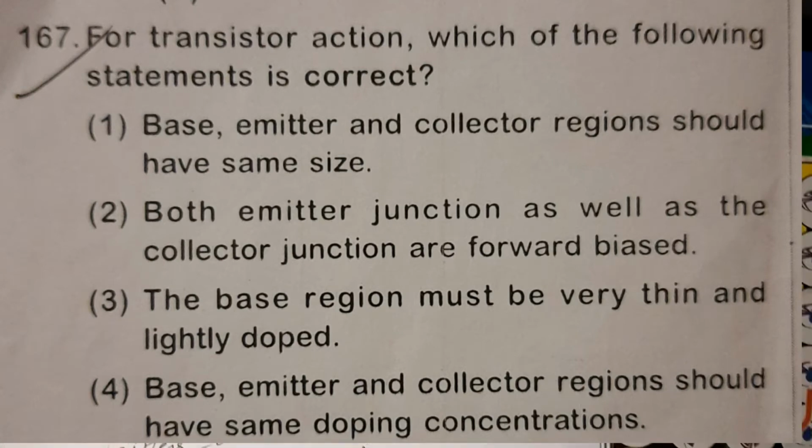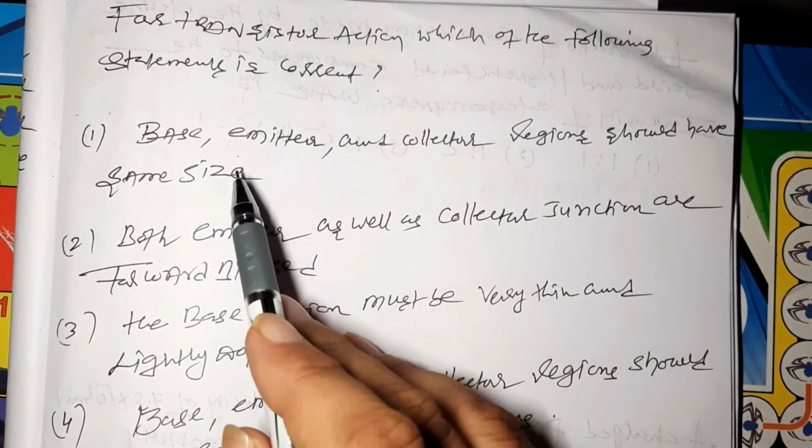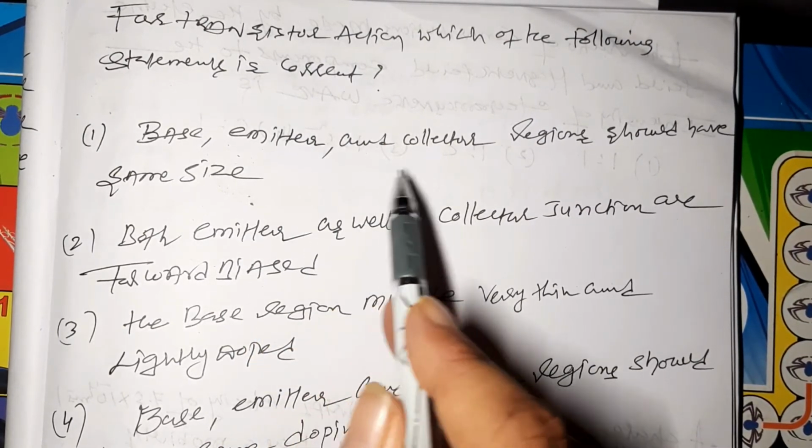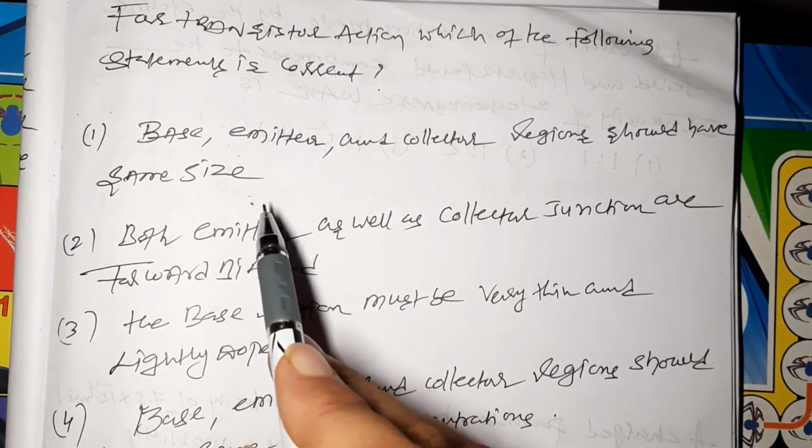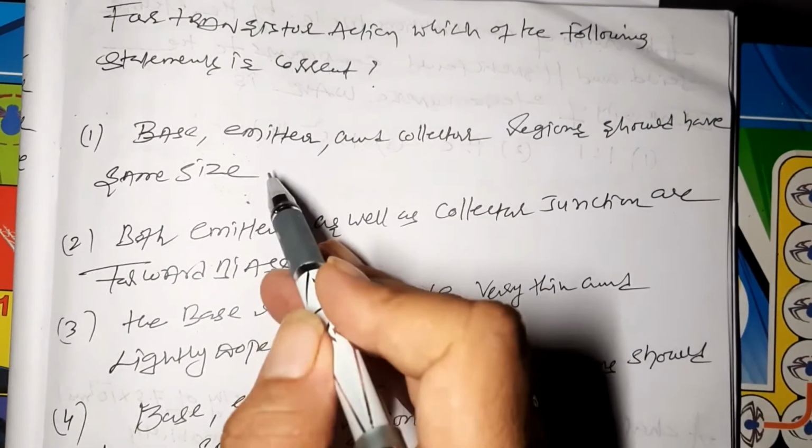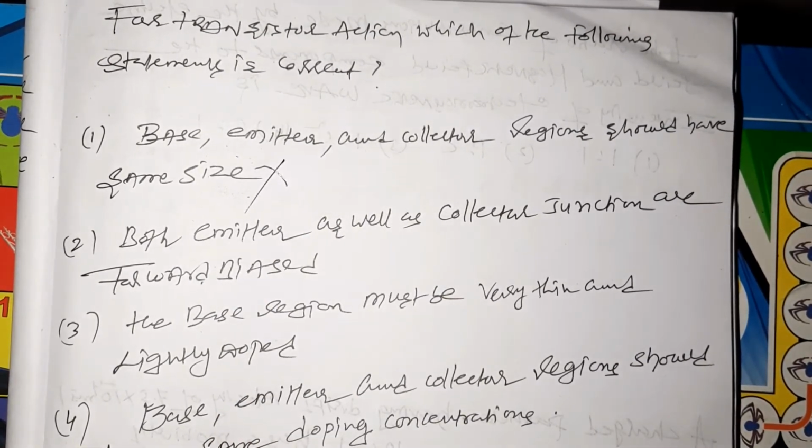Another problem. This is a theory question based on the transistor. For transistor action, which of the following statements is correct? Number 1, base, emitter and collector regions should have same size. So this is wrong.